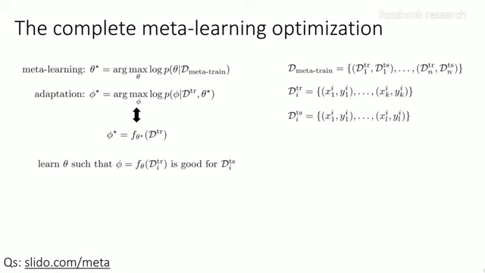For every task i, you want to read in D-train i and be good for D-test i. Which means that we can write down the meta-learning problem formulation like this. Theta star is the argmax for the sum over all of your tasks of log p of phi i given D-test i, where phi i is equal to f theta applied to D-train. So notice that we get phi from D-train, but we meta-train on D-test.